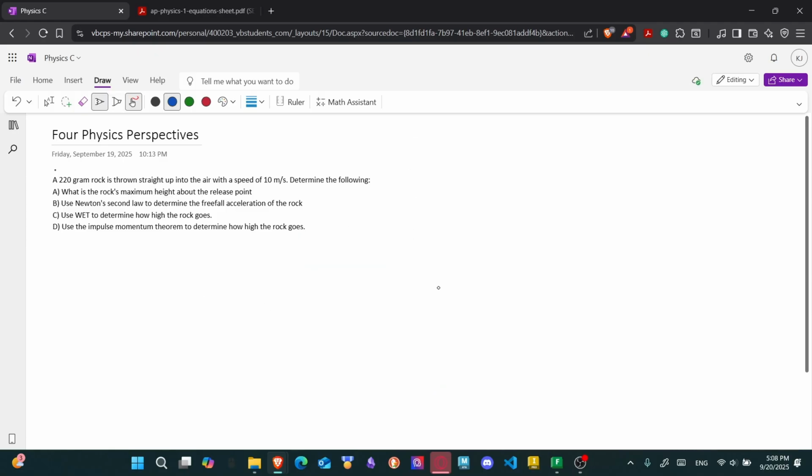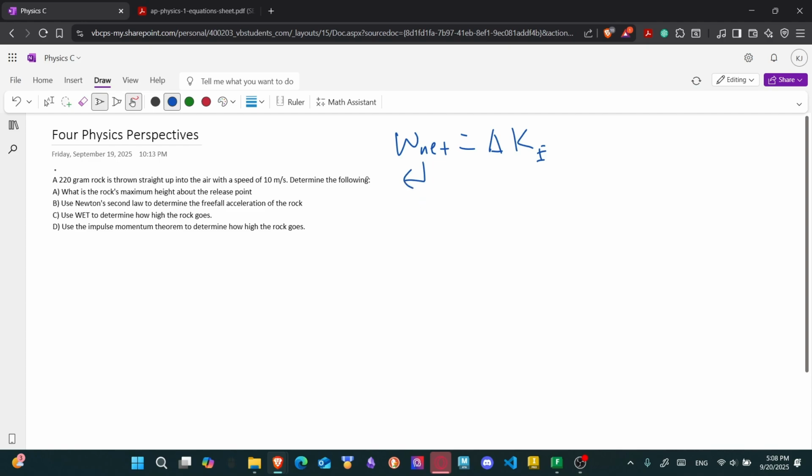Moving on to part C. Use the work-energy theorem to determine how high the rock goes. The work-energy theorem is W net is equal to delta K, and K is kinetic energy.